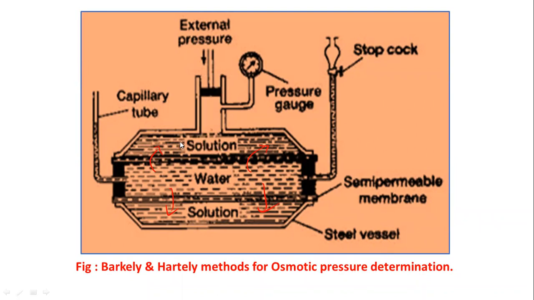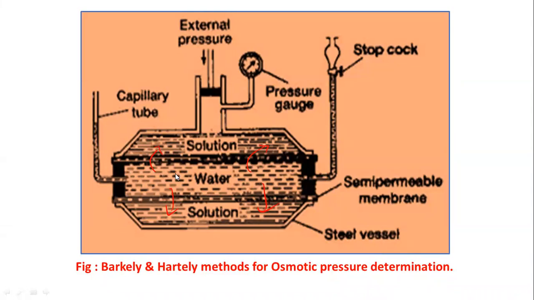Okay, so the extra pressure we have to supply here is such that the water cannot move from this side to this side. It means that the level of the water in the capillary tube remains the same. It cannot change.